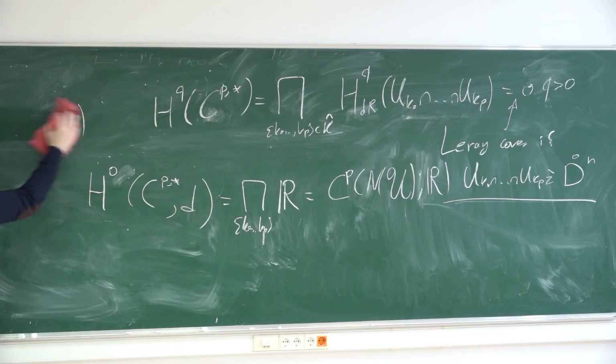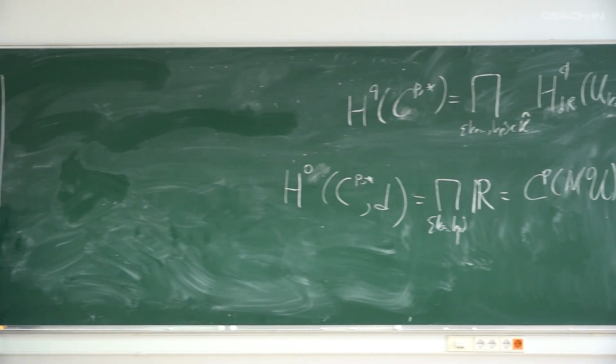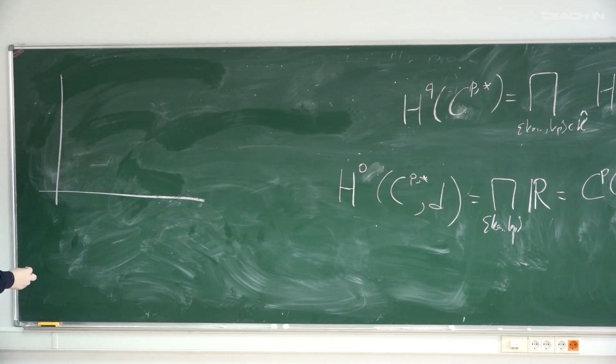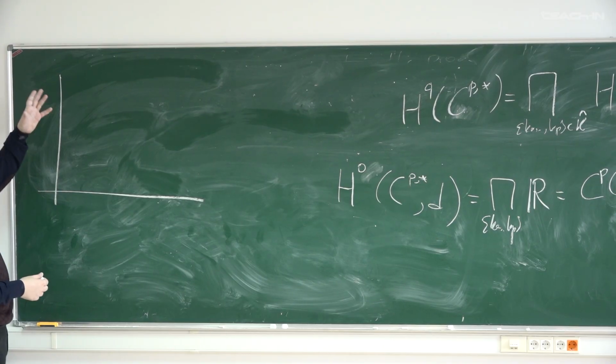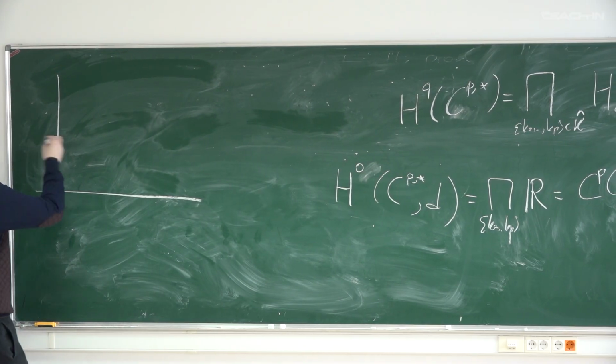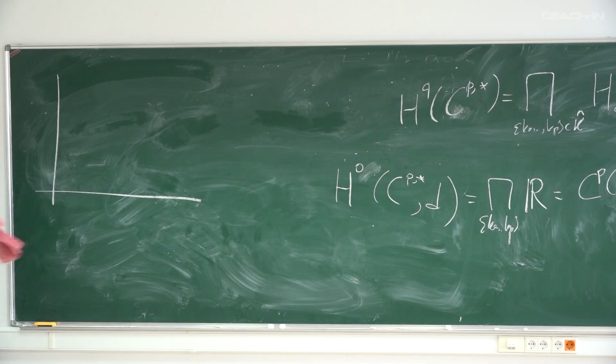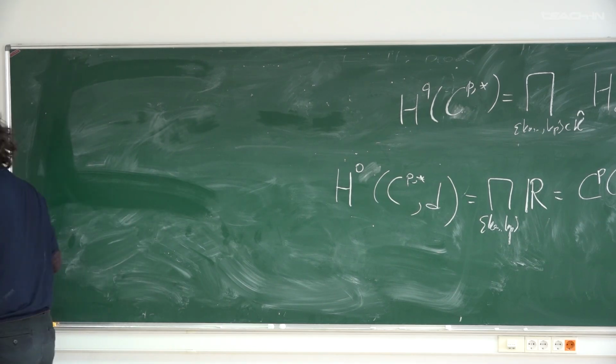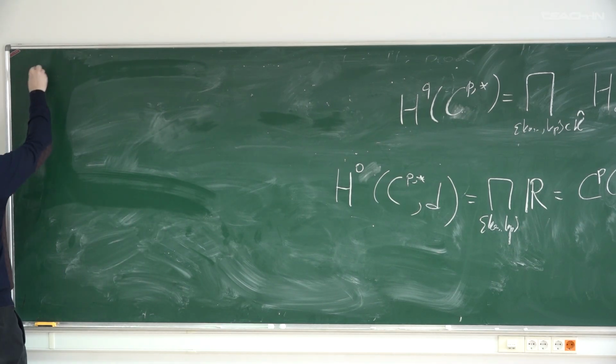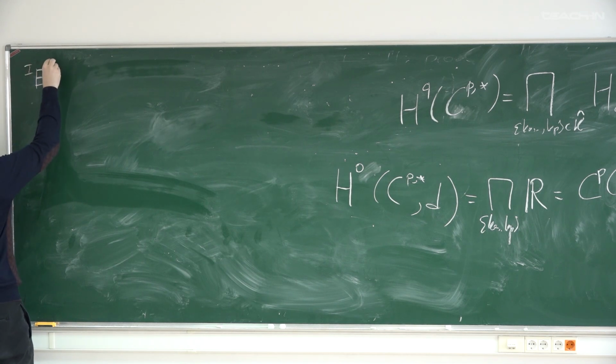So what do we obtain? If we consider a numerable Leray cover of a smooth manifold, then we have a bicomplex, first quadrant, with indices P and Q, and differentials D and delta. Consider the first spectral sequence.